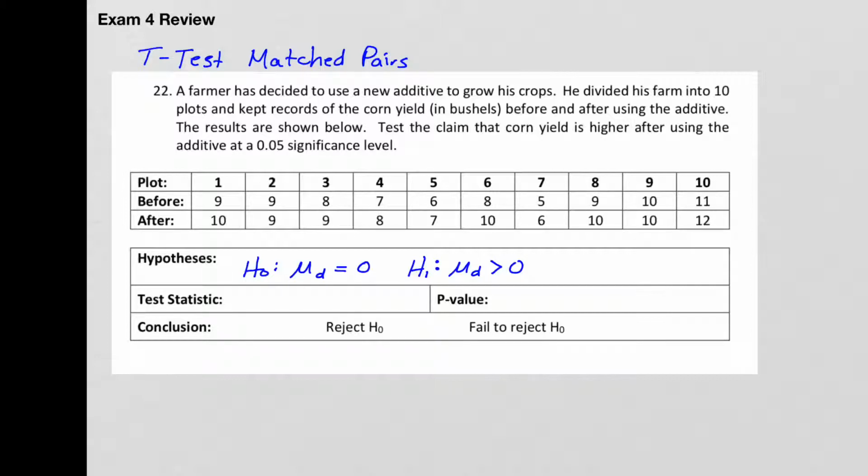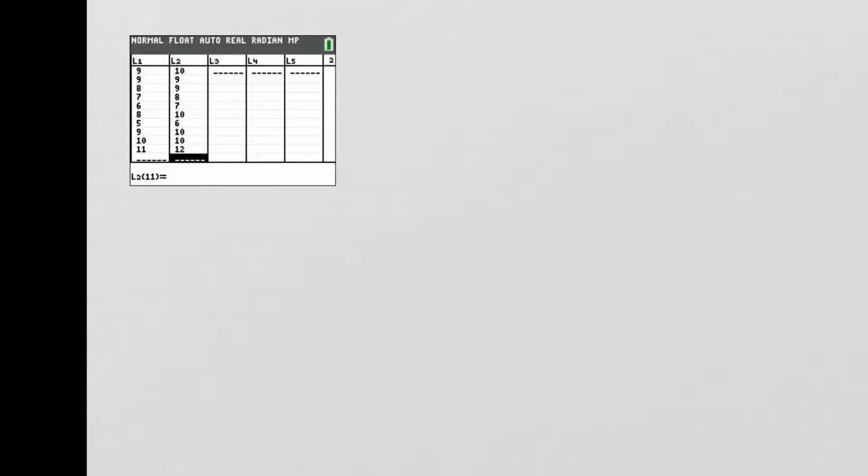I'm going to go ahead and put my data into L1 and L2. So before goes into L1, after goes into L2, just because that's the order in which they're given. So now I've got my data in the calculator, the before values in list 1, the after values in list 2.